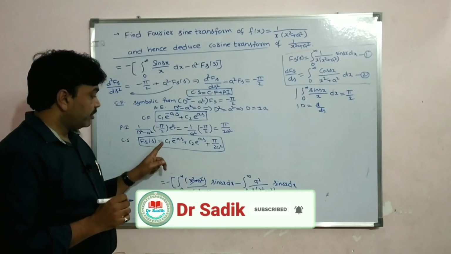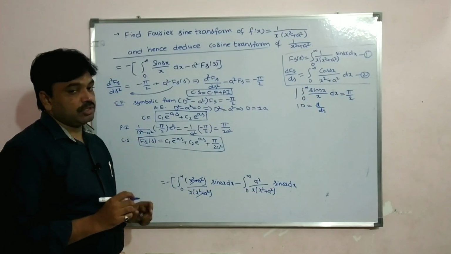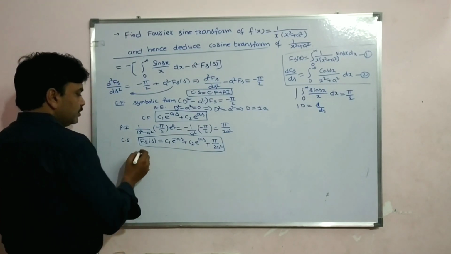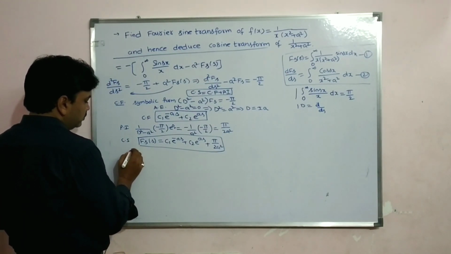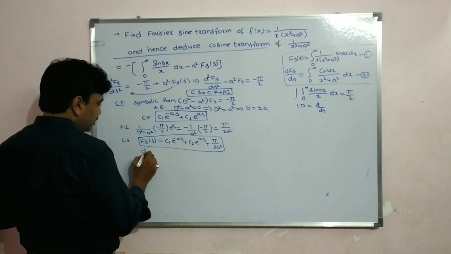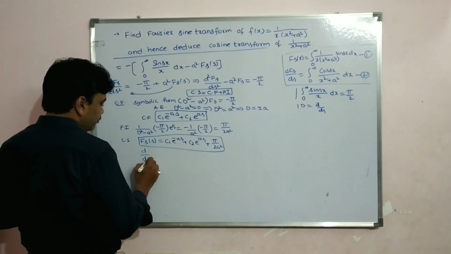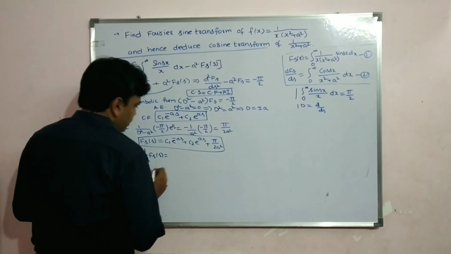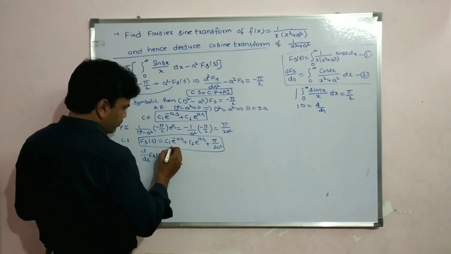Now we need to find the c1 and c2 values, the arbitrary constants. For that, I want to find dF/ds, so differentiate with respect to s.